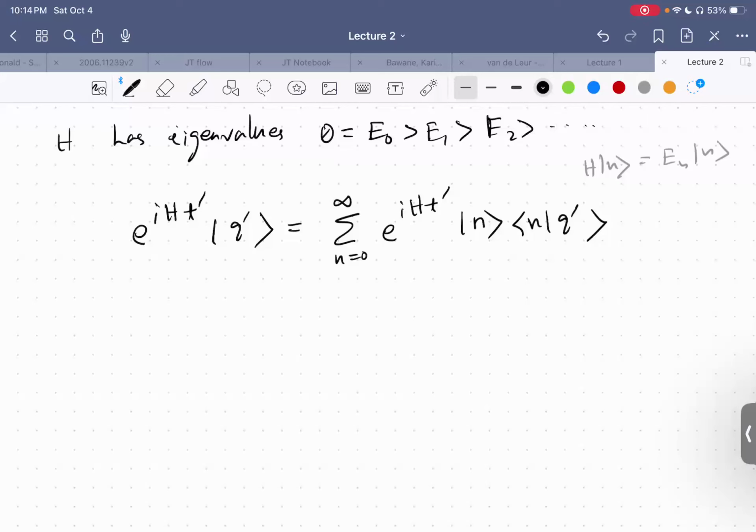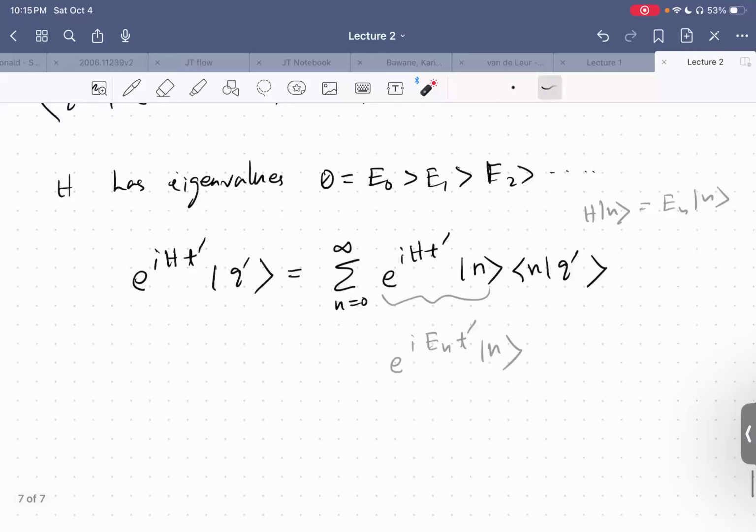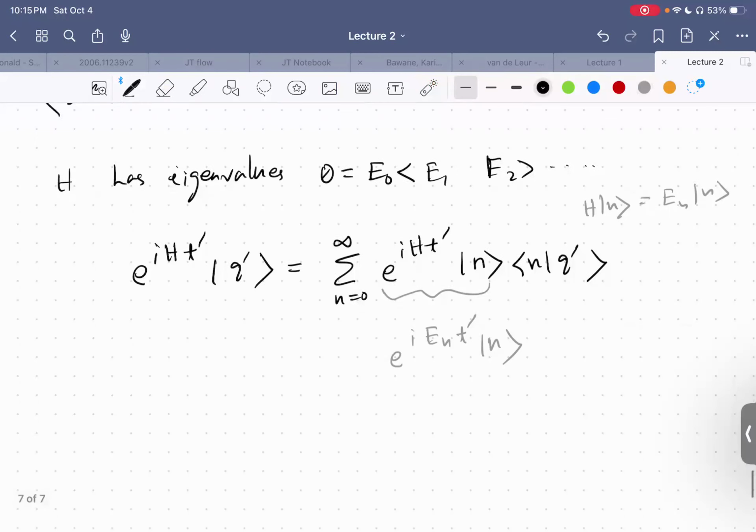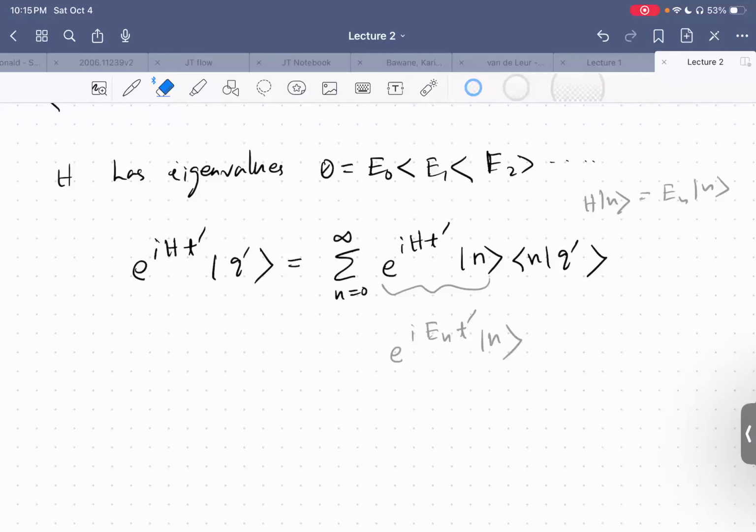Now notice that this object, because this is an eigenstate of the Hamiltonian, you can replace the Hamiltonian with its energy. I wrote this incorrectly. This is the lowest energy. When this is the ground state, it has energy 0, so for 0 you just get 0.